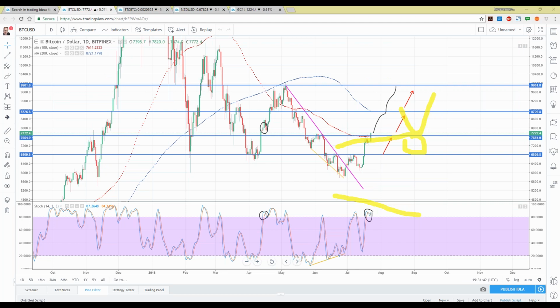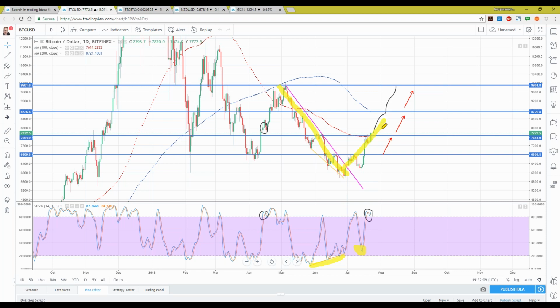Here we go again. I just want to get some of these markings off of here. Okay, here we go. We're looking at Bitcoin dollar today. We see price moving down steadily in a downtrend. But as it's moving in a downtrend, we have bullish divergence.